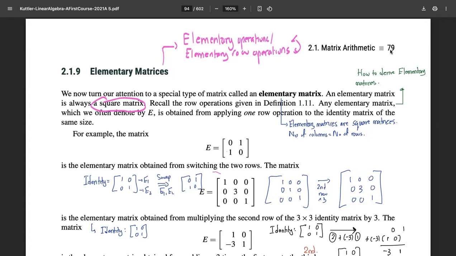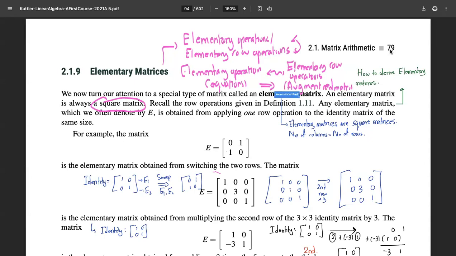Essentially, to give you an overview, let me write that down. We have elementary operations, which we perform on equations. And we have corresponding elementary row operations, which is the term when we use the elementary operations on the augmented matrix of the equation.